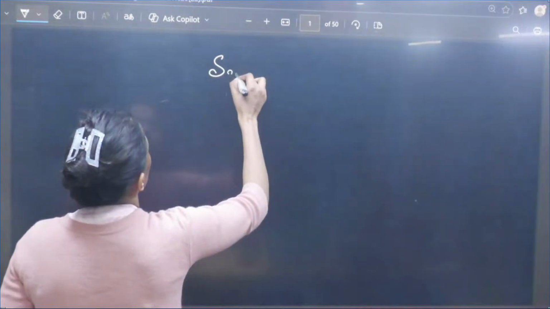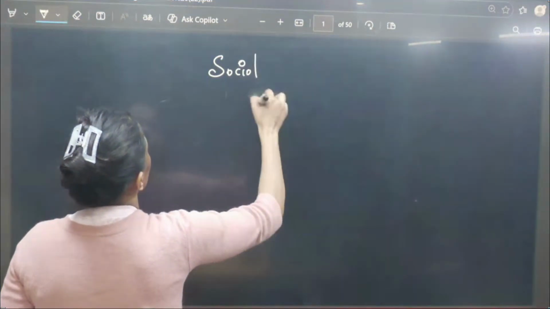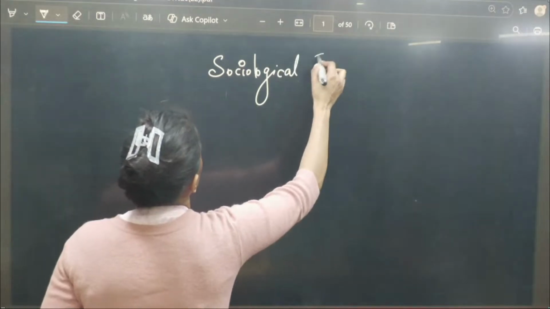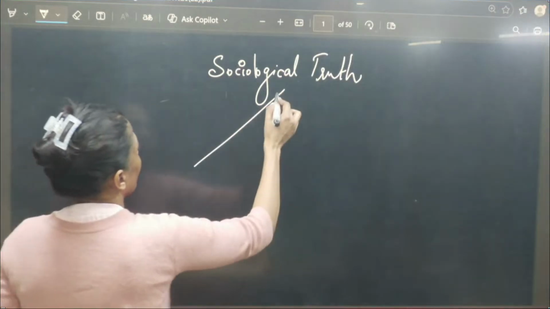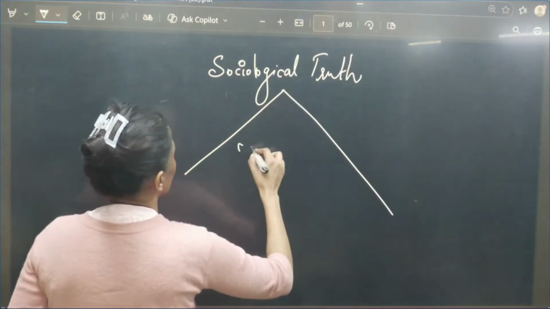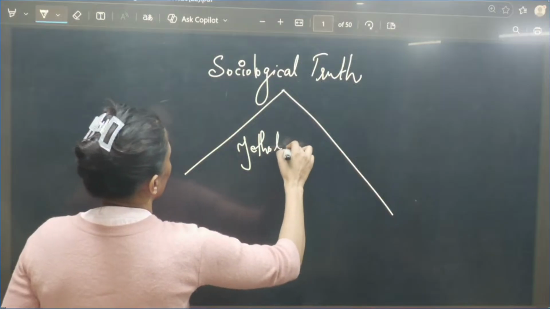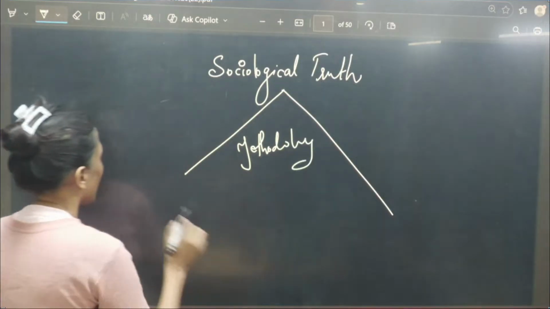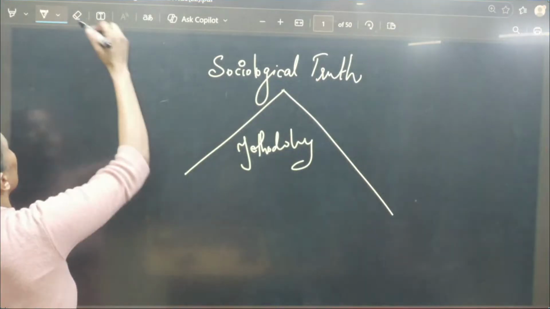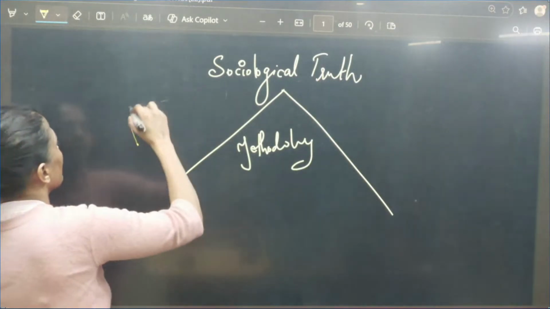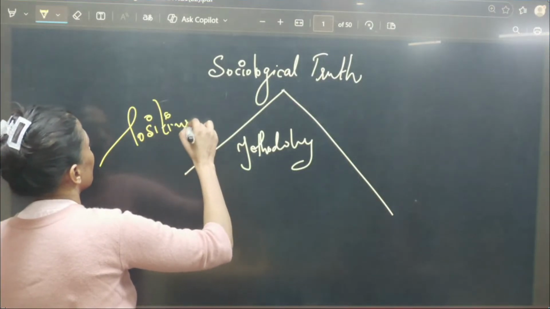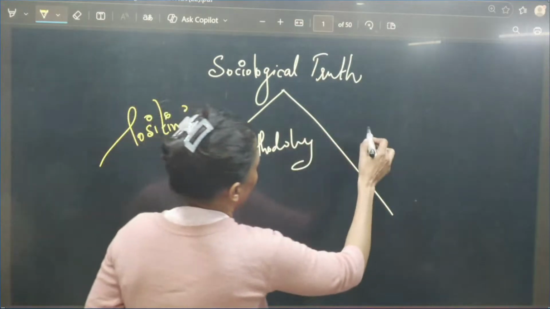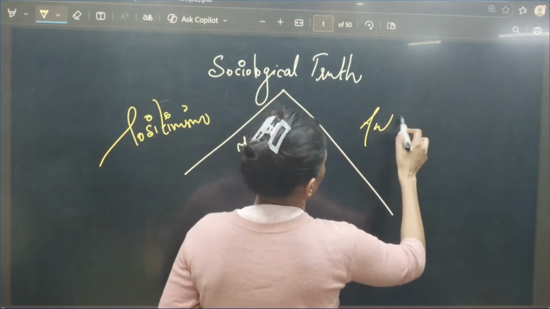So basically, to find out sociological truth, we have methods, methodology. Keep making a flowchart like this. Broadly, it is like positivism, and here anti-positivism.